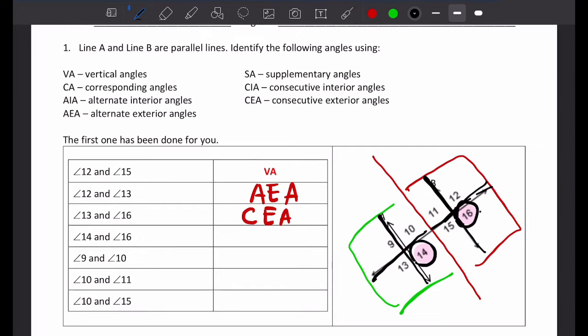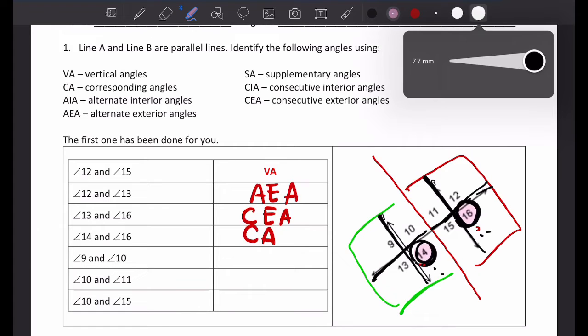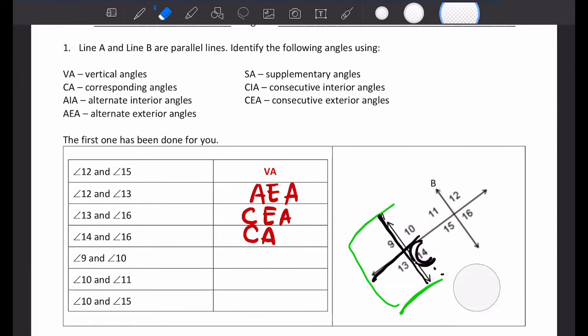You can see that they are in the same area. They are in the same position. Okay? So that's why they are called corresponding angles. Okay? They are in the same position. Okay? So let's erase that one.